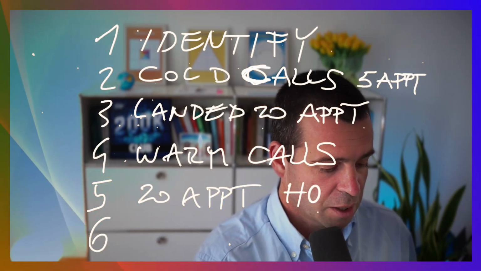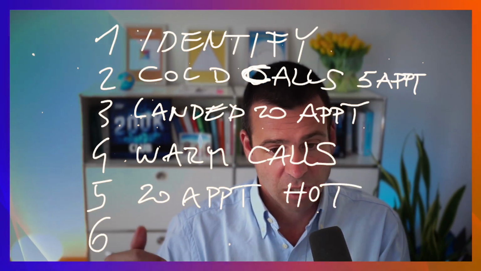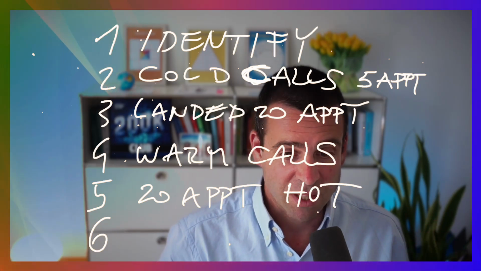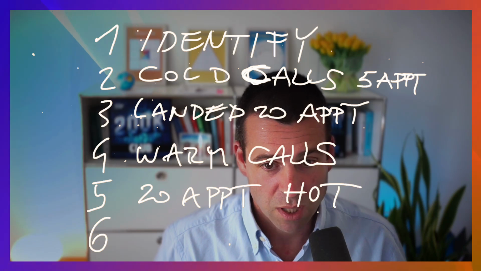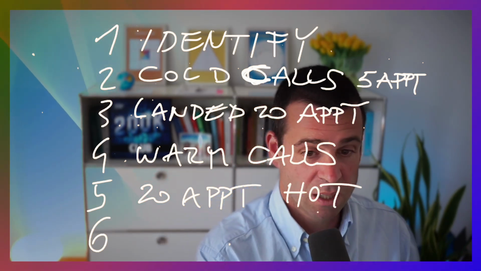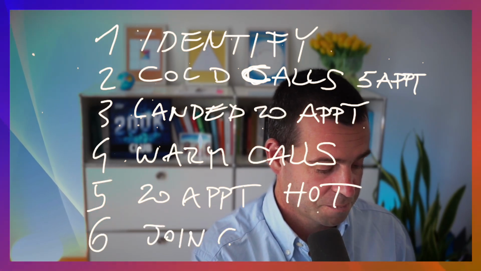You might even call them hot leads. So cold, then warm, then hot. In stage 5, they are now pretty much ready for the last milestone. And if they can achieve that, now they get to join the closers team.